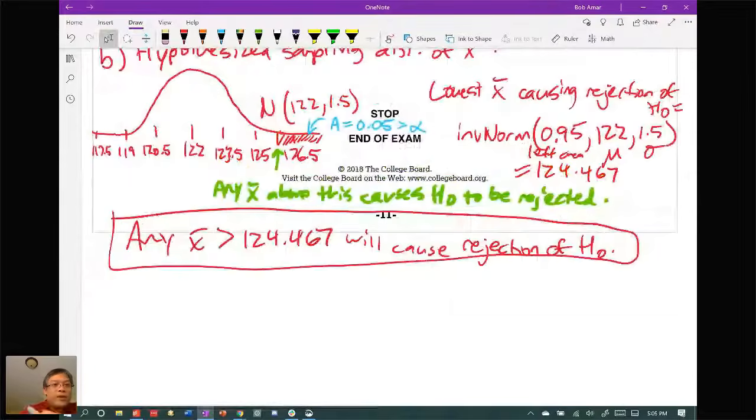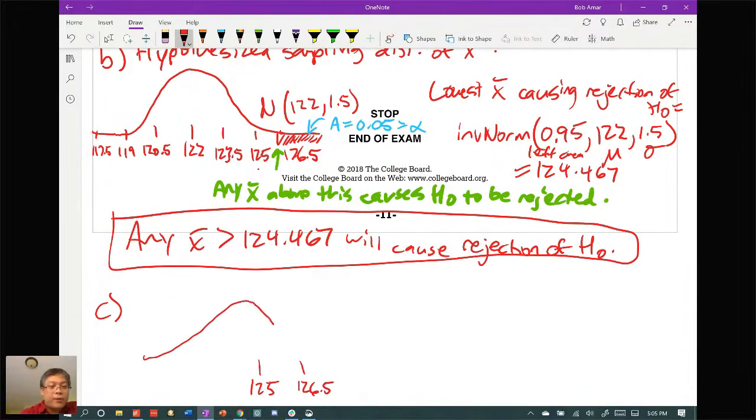What I'm going to do is draw the distribution for part C. I'm going to make sure that the 125 mean aligns. It's a terrible normal curve, but that's good enough.